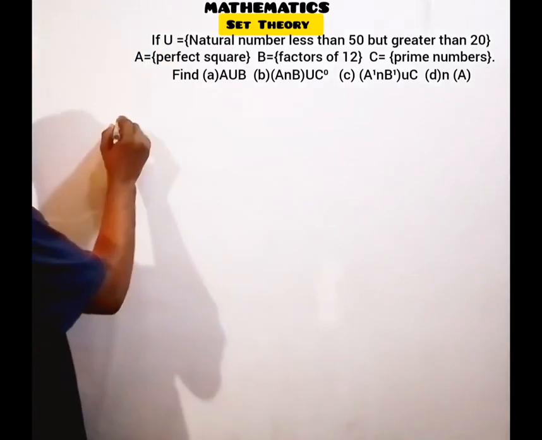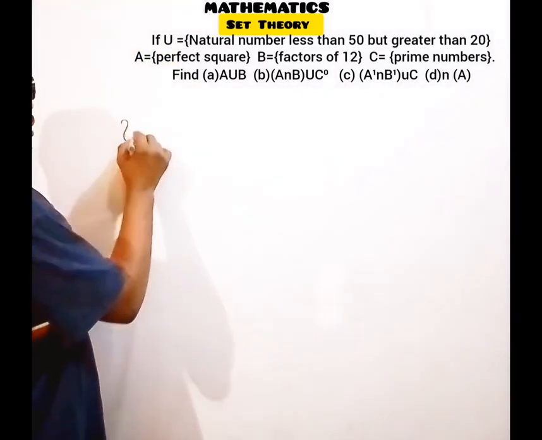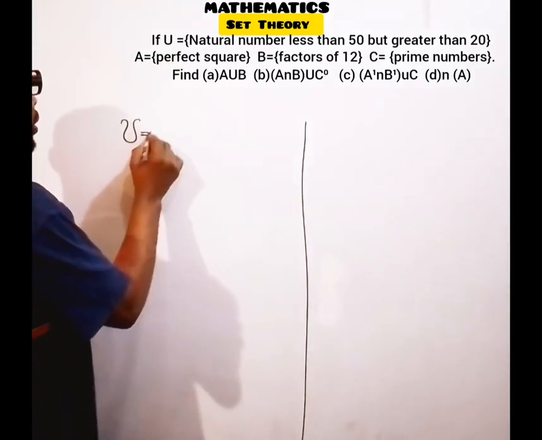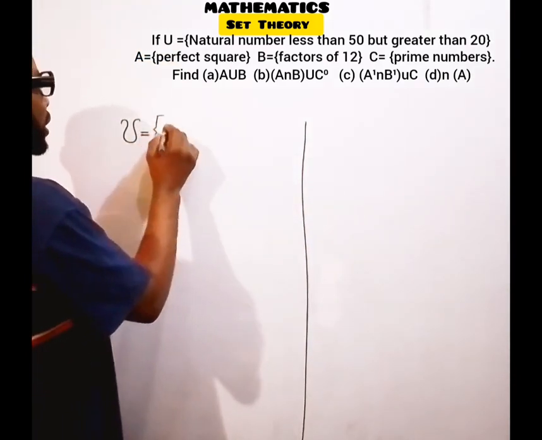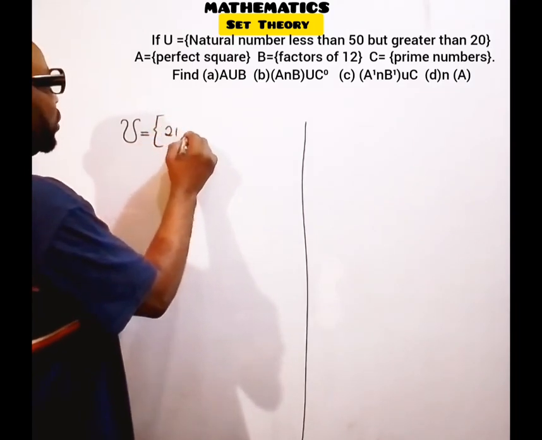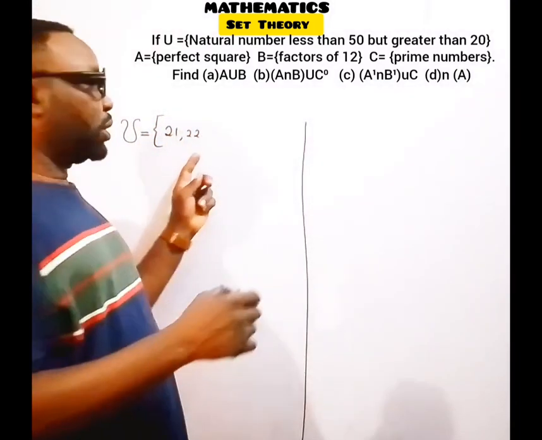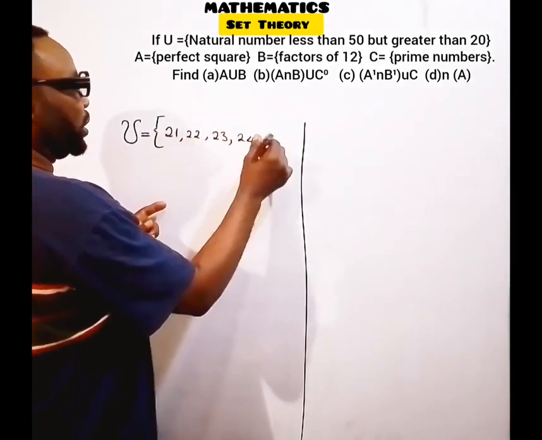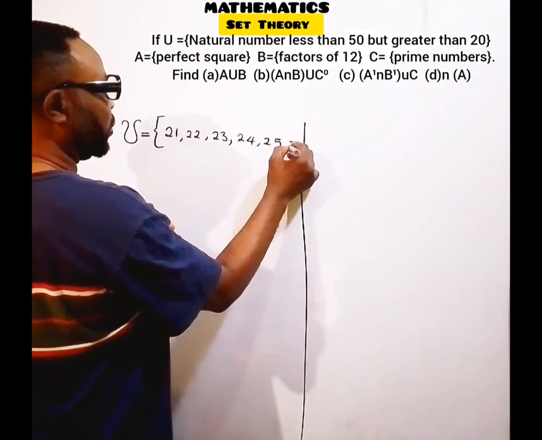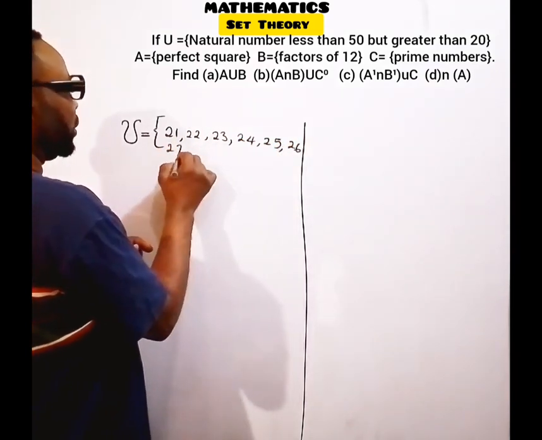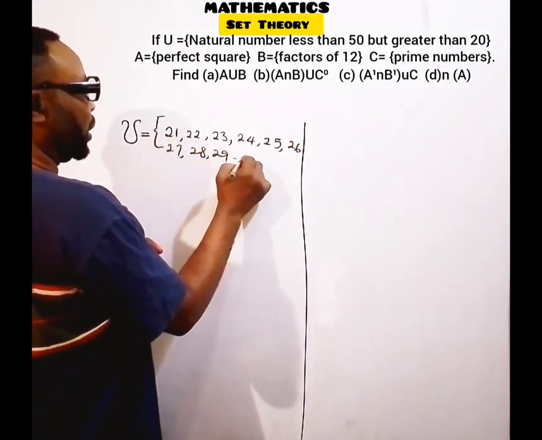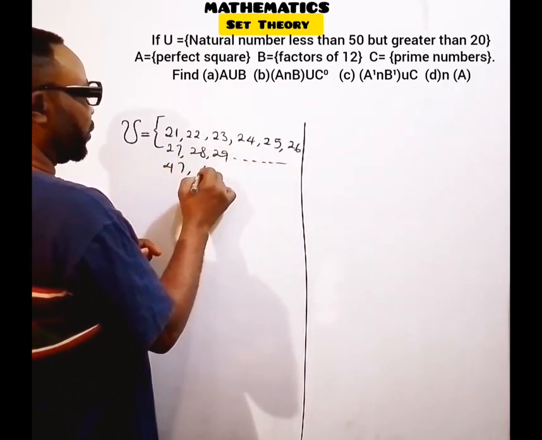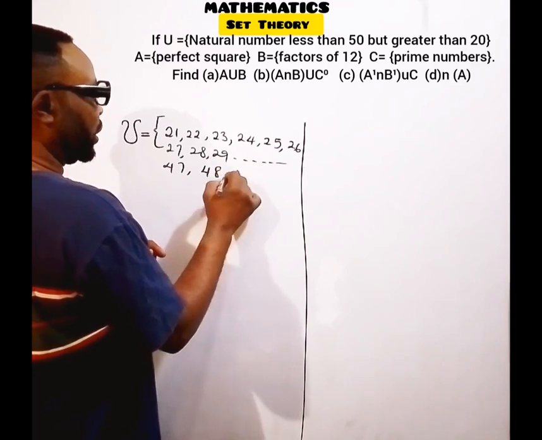Now, the universal set, according to the information given to us, will be in this order. The universal set will be 21, 22, 23, 24, that is greater than 20, 25, 26, 27, 28, 29, and so on and so forth to 47, 48, and 49.